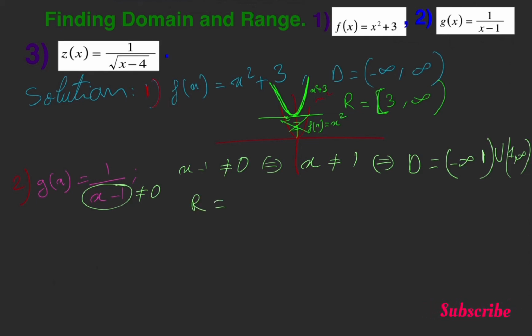We see this here is something like this. It's called a hyperbola. So how will that be written? This function is not defined at 1, so we take 1 here. So this function will be something like this.